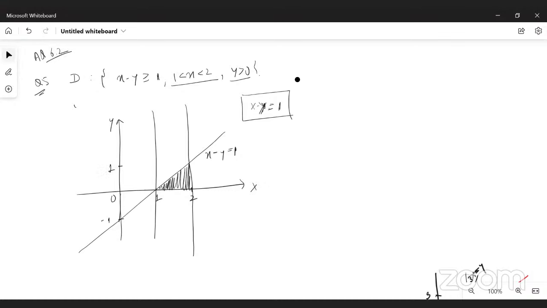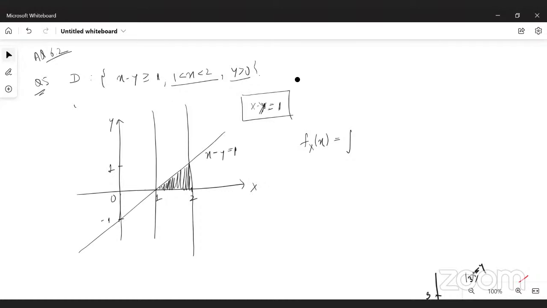Okay, so what is the problem in that statement? We have to find fx and we have to find fy. So what is fx? How do you find fx? First of all, what is fxy?